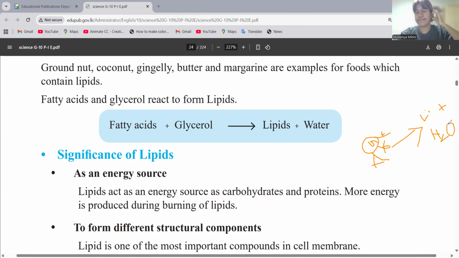So basically, this is the fatty acids and glycerol, and it makes lipids and water. So it releases a water molecule when the fatty acids get joined like this. This is the glycerol and fatty acids. When they get joined, this is a lipid particle and it releases an H2O molecule.